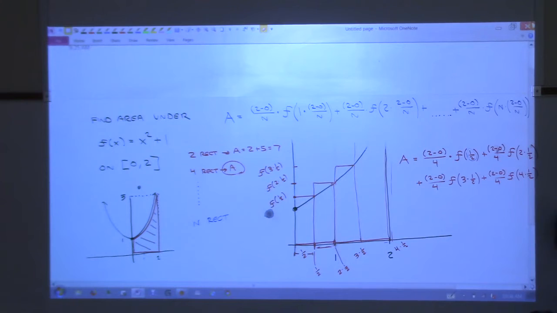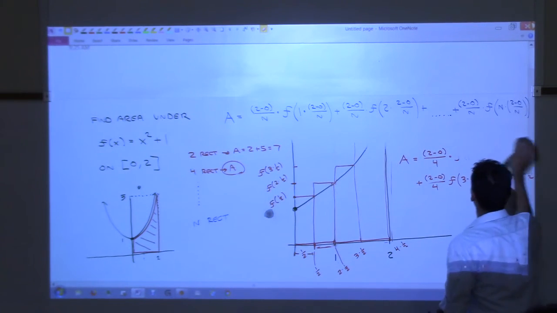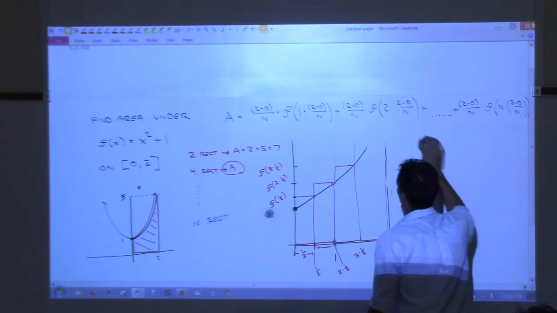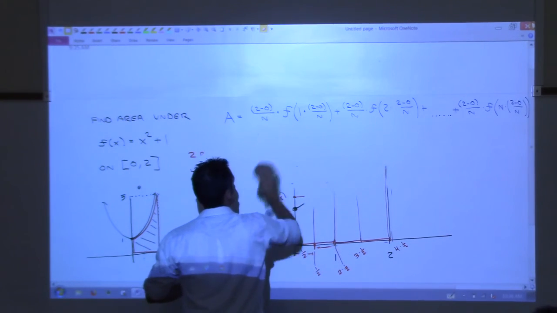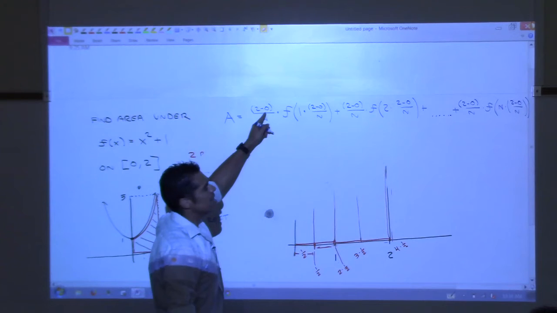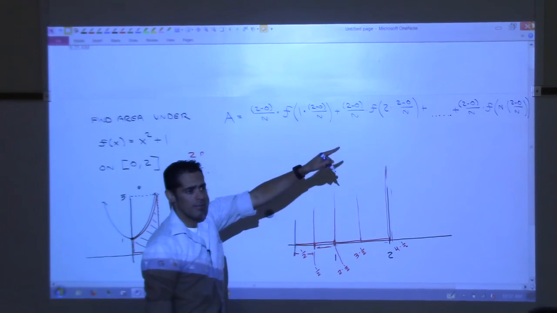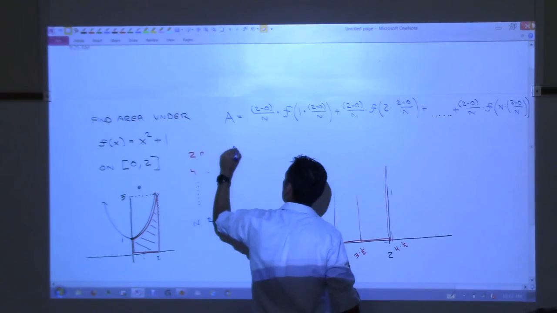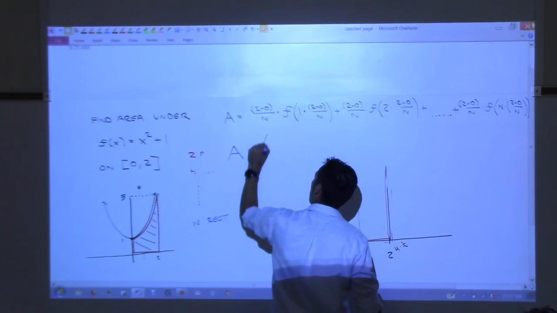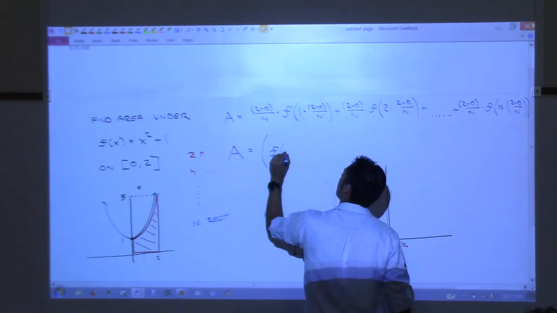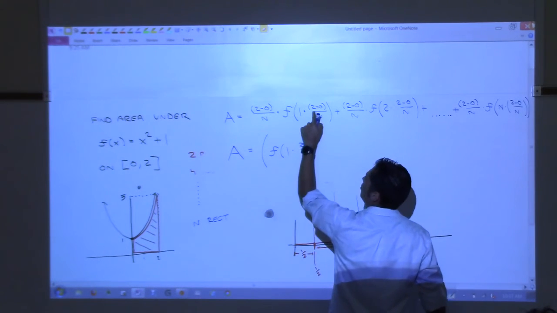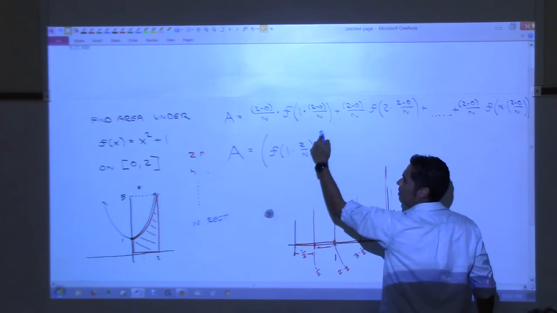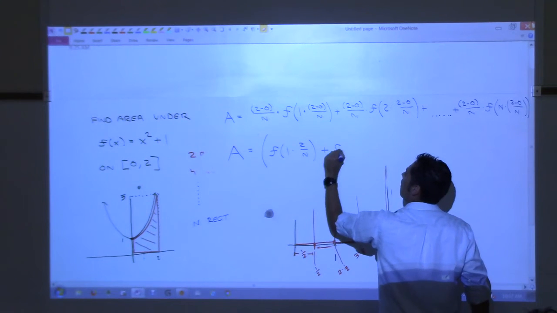Now there are some things in that problem that I want you to recognize. Every single one of those has a 2 minus 0 over n, every single one. So I could do this. I'm just going to change 2 minus 0 over n to 2 over n because it's going to save me some time.